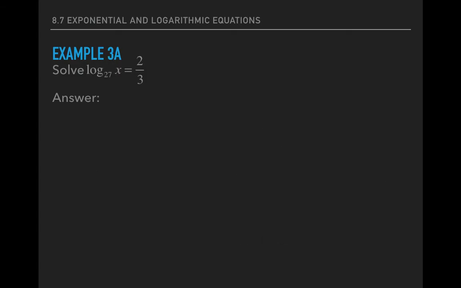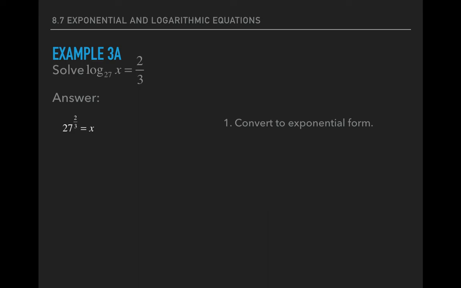A little different example here. We're solving for x, and x is the number that you would get if you raised 27 to 2/3. You would convert this to log form, exponential form, to see that. 27 to 2/3 would give you x if you did that log loop trick.